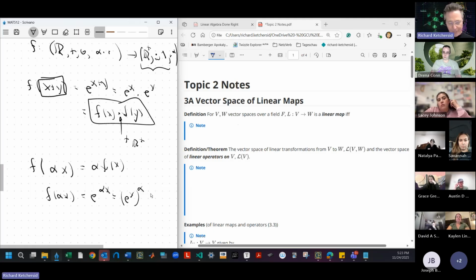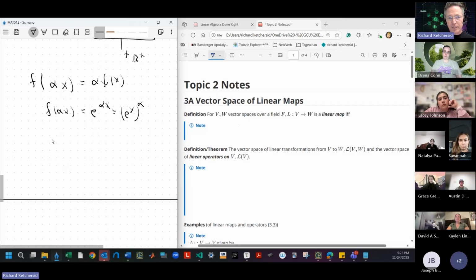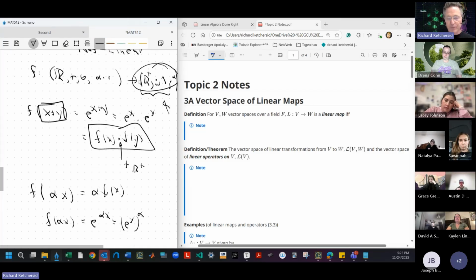But that is the scalar product of alpha on e to the x in this funny vector space. So what happens here is we actually get that the exponential function is linear, when you define the right algebraic structure for the reals on the right-hand side.